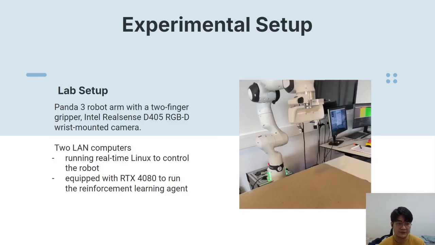In the real-world setup, the system featured a Panda 3 robotic arm, a 2-finger gripper, and a wrist-mounted Intel RealSense D405 RGB depth camera. Two local area network computers managed the operation. One ran real-time Linux for robot control, while the other, equipped with an RTX 4080 GPU, executed the reinforcement learning agent.